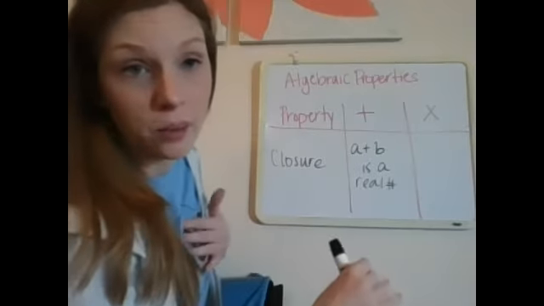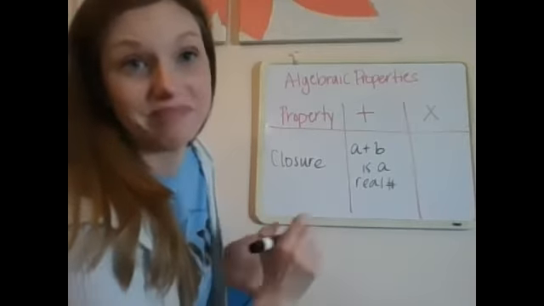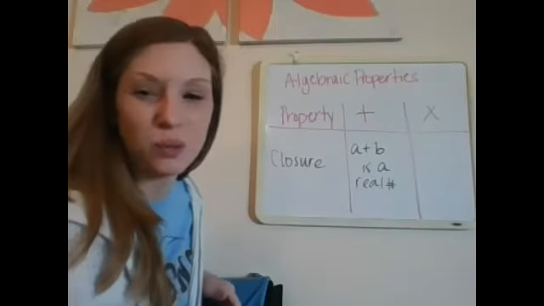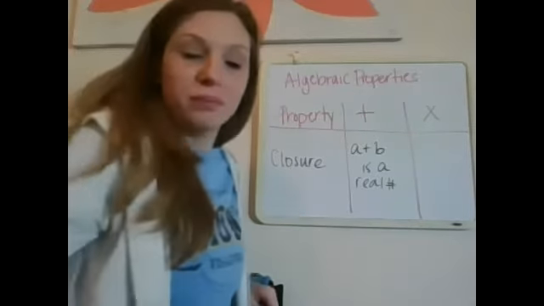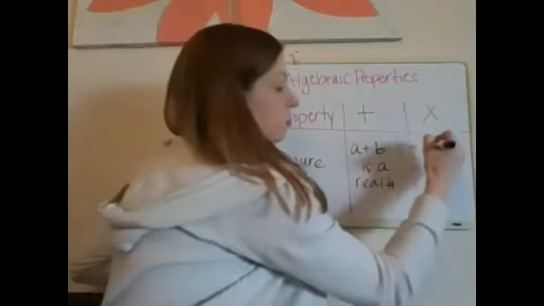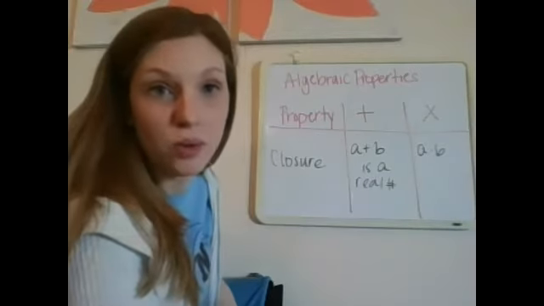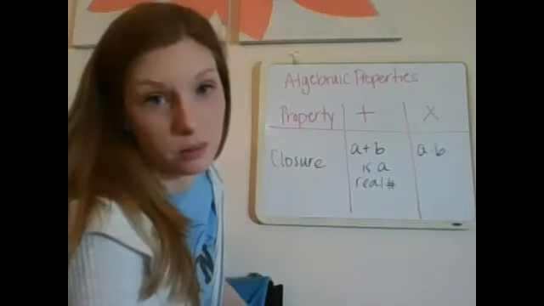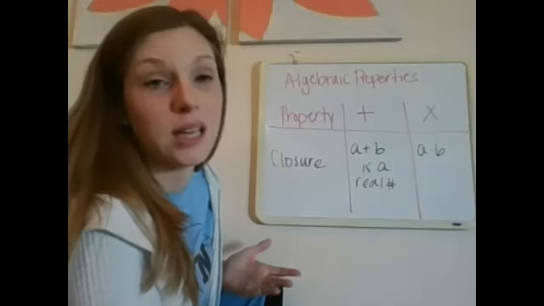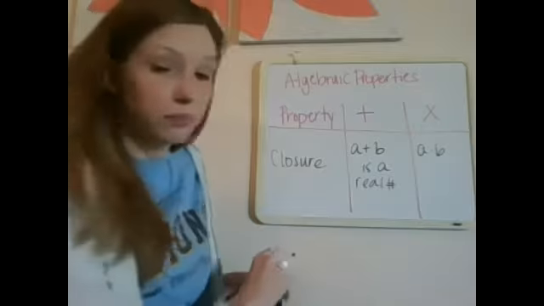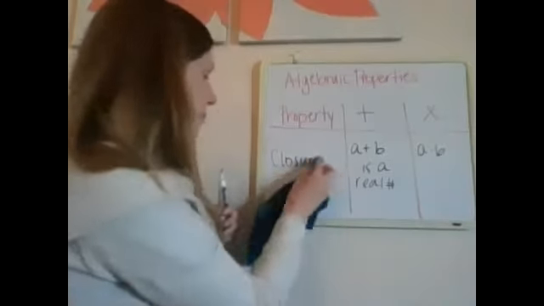In my day, that was the symbol for number. So that's a number, because I'm too lazy to write it all out. And for multiplication, if you multiply two real numbers together, then their product is a real number. Remember, a product is the answer when you multiply two things together. So that's your closure property.